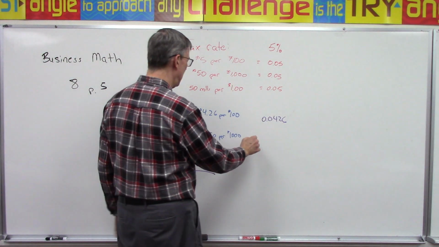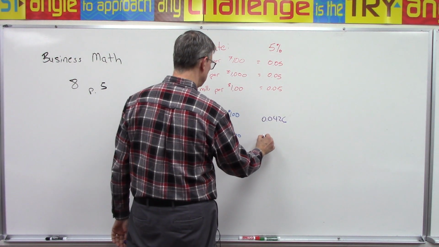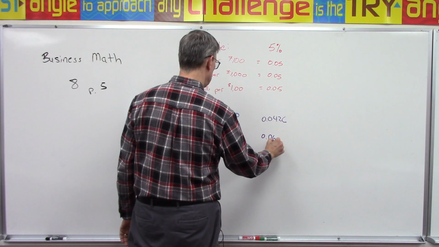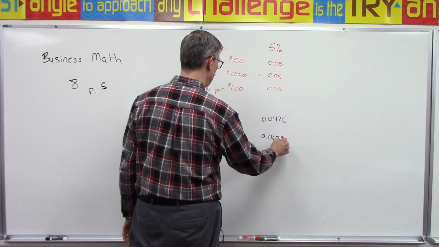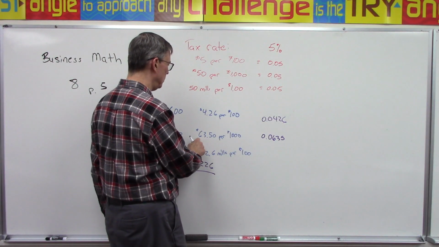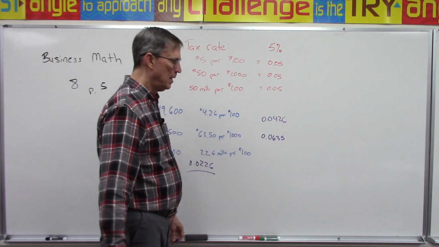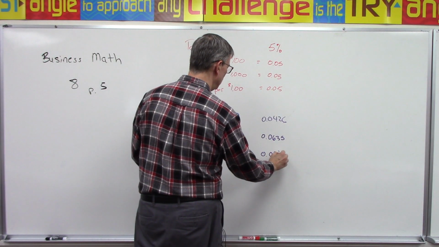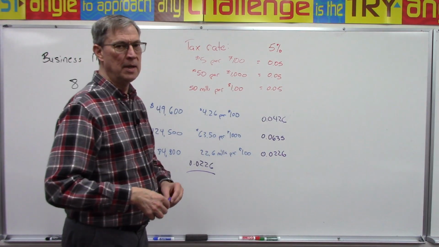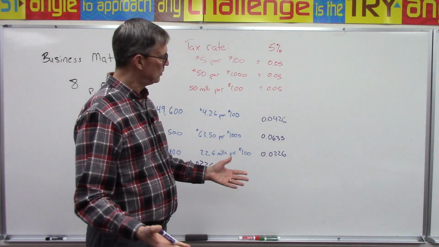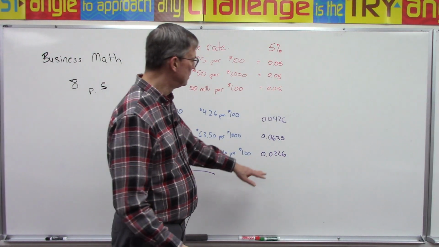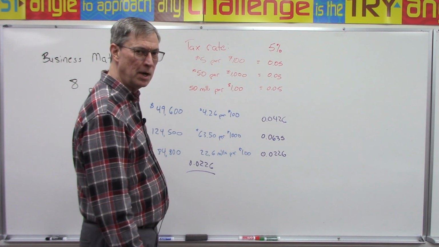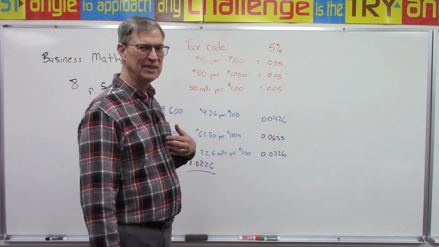And then per thousand, I'm going to move the decimal 3 times, so 0.0635. 1, 2, 3 places. And then we already mentioned this one, 0.0226. And praise the Lord for calculators these days, right? So pop out your calculator, you just multiply the decimal times the full value of the property. Personally, I think that's easier.